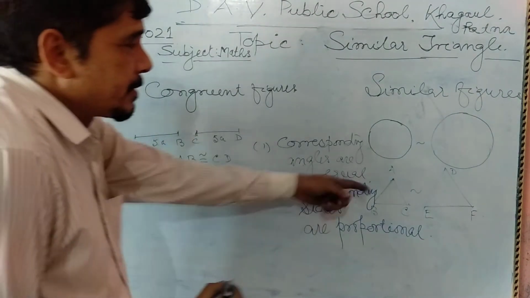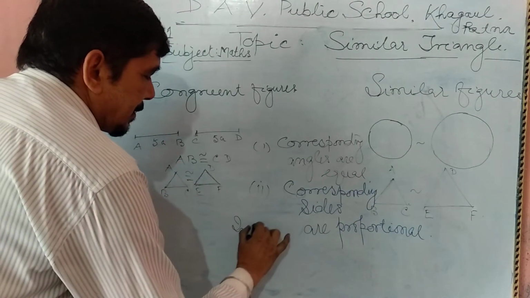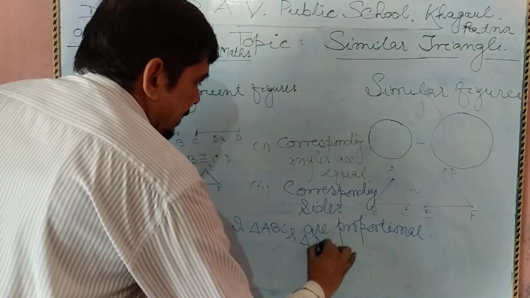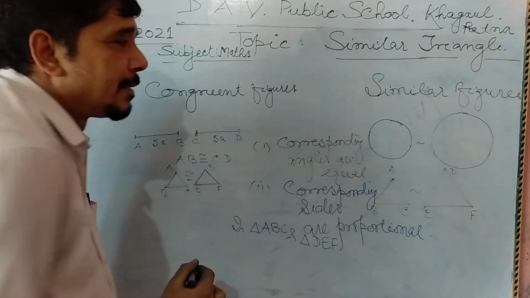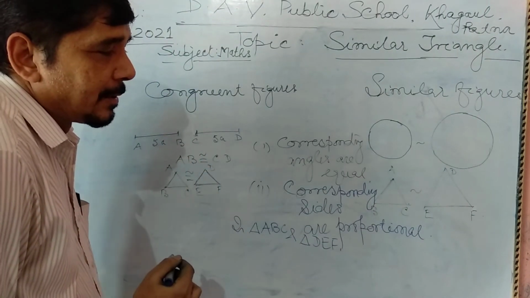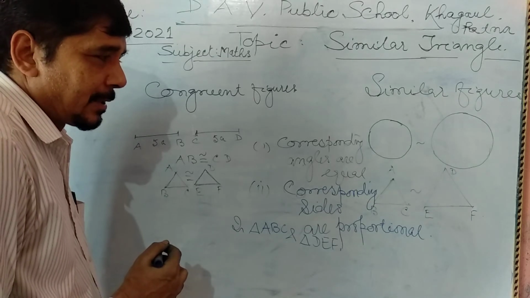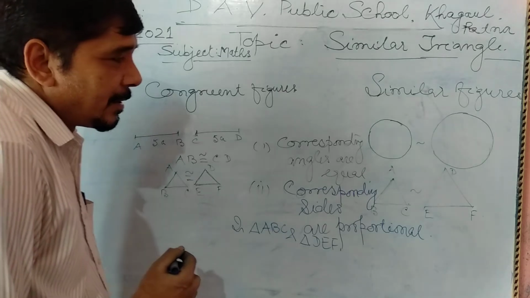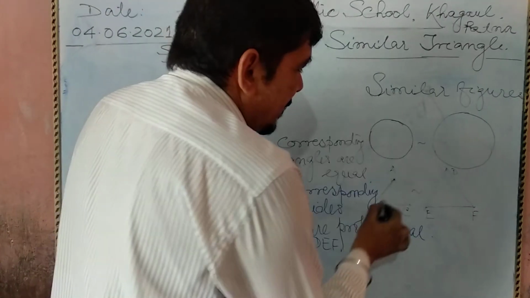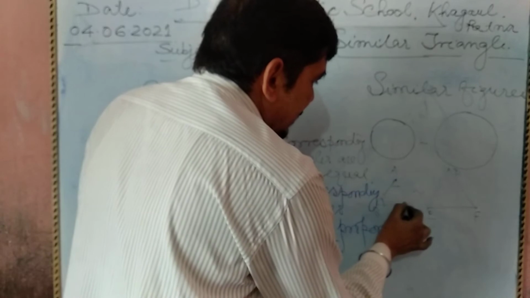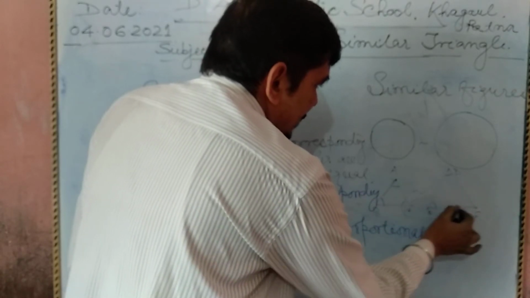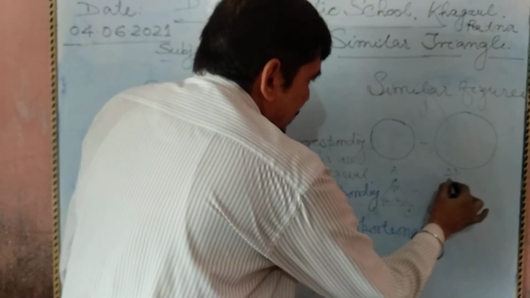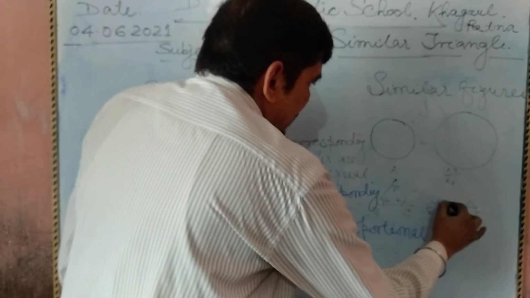Okay. In the case of triangle ABC and triangle DEF, since both triangles are equilateral triangles, every angle of each triangle is 60 degrees. Okay?